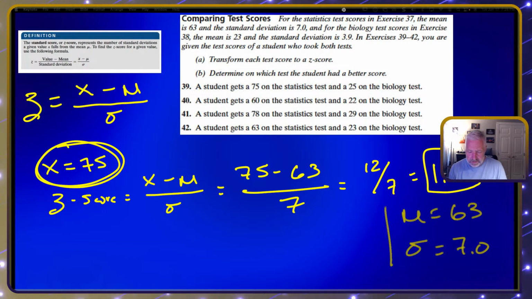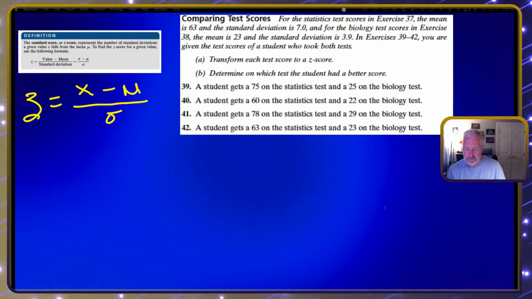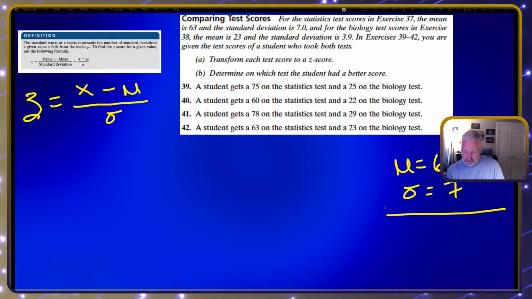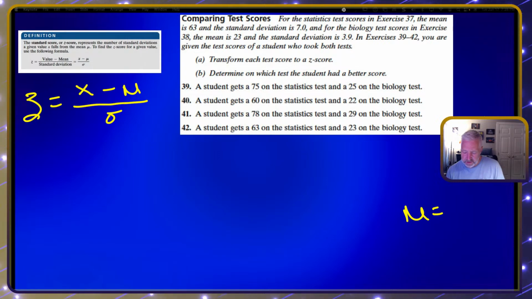Daggone it, Mike, you just erased everything. The mean for the stats is 63, standard deviation 7. I am going to go through one of these with the other. So this is for math: the mean is 63, standard deviation is 7.